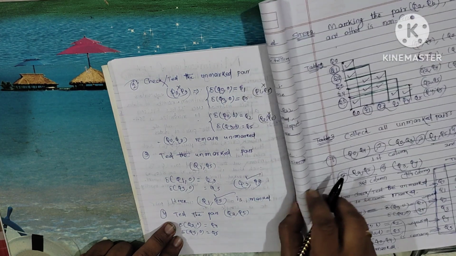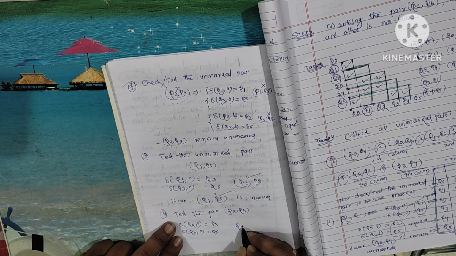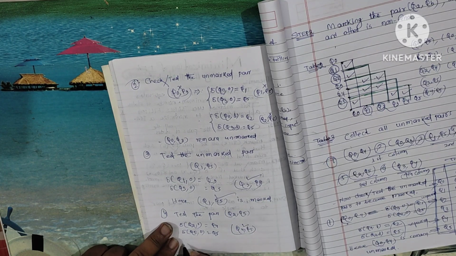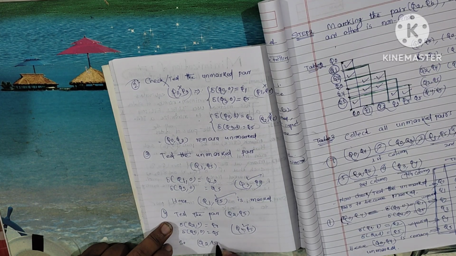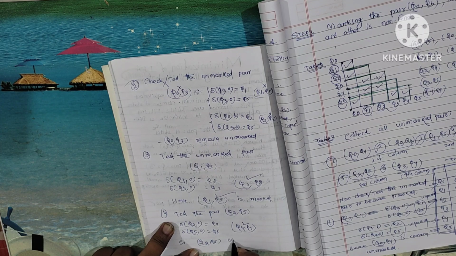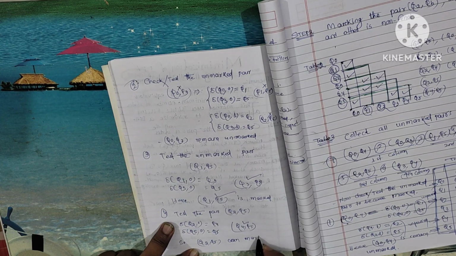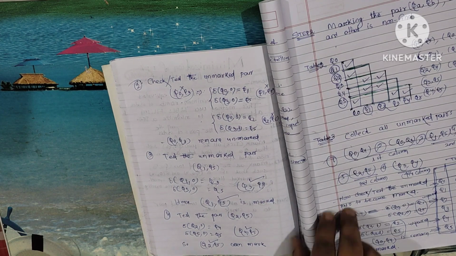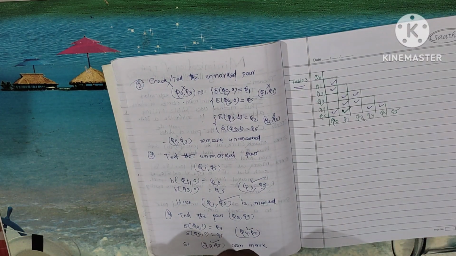Q4, Q5 is already marked, hence Q2, Q5 can be marked. So make it marked now. So we have marked this one also.